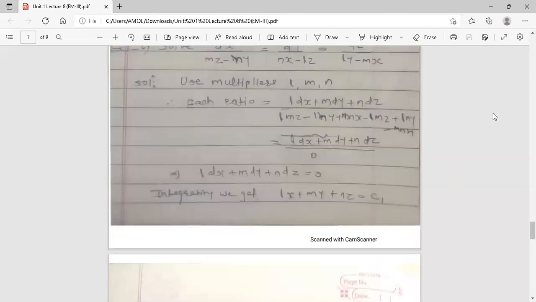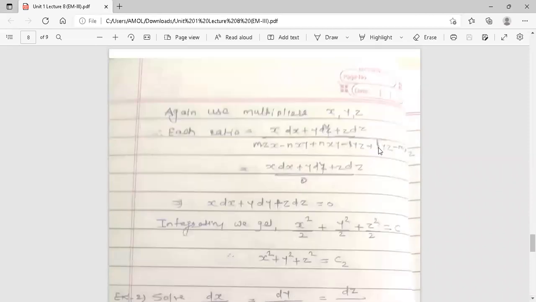So each ratio is equal to x dx plus y dy plus z dz upon mzx minus nxy plus nxy minus lyz plus lyz minus mxz.